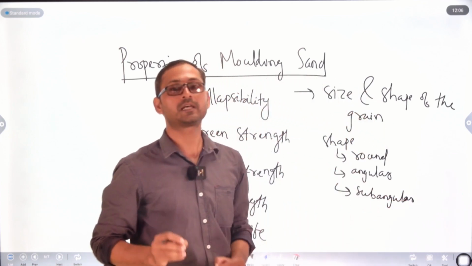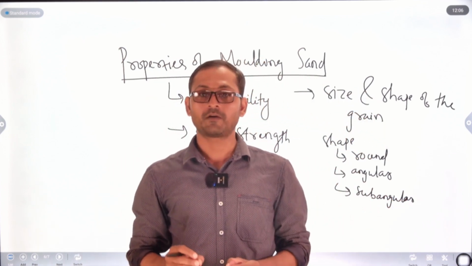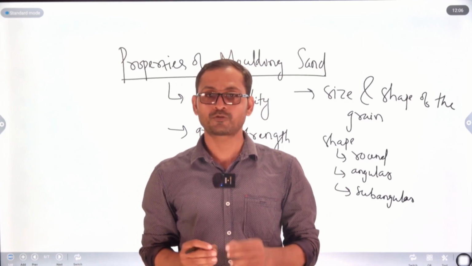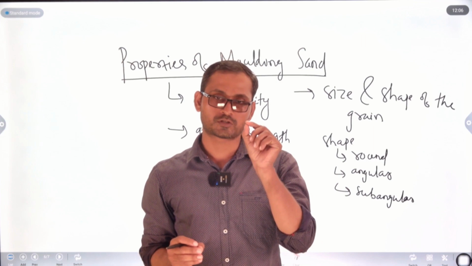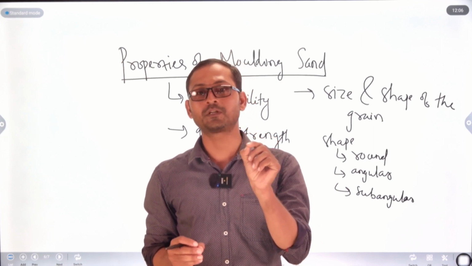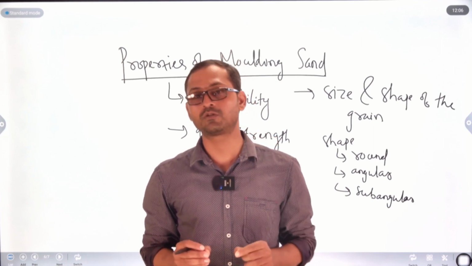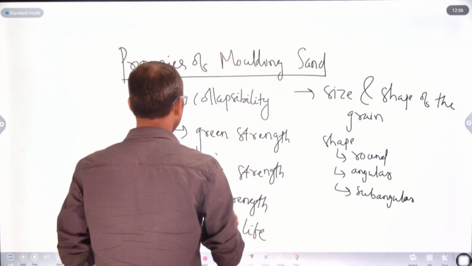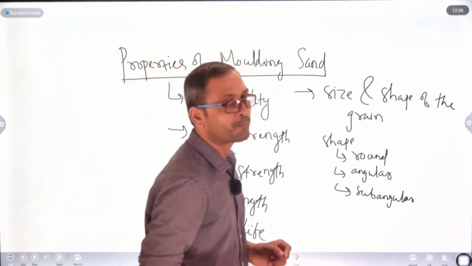So shape and size have an effect on the casting process. How? If you take small size grain, then surface finish will be good, but the refractoriness will be decreasing. So this is all about the properties of molding sand.